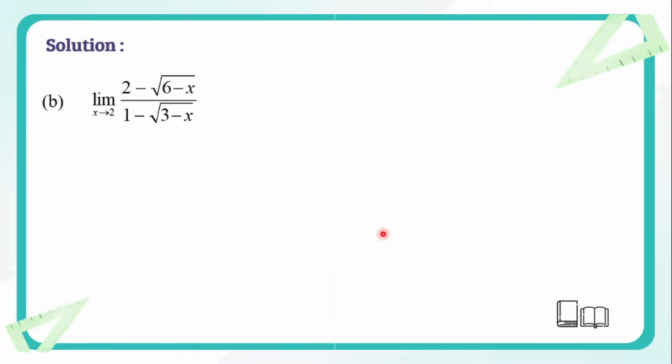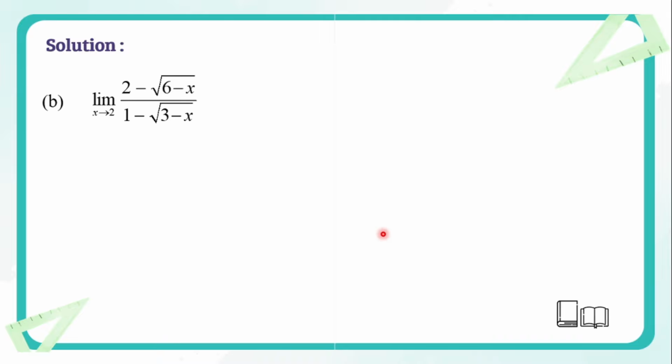Okay, example 7b. We are given the limit of (2 − √(6 − x)) over (1 − √(3 − x)) as x approaches 2. As usual, you can try to substitute the approach value 2 into the fraction.